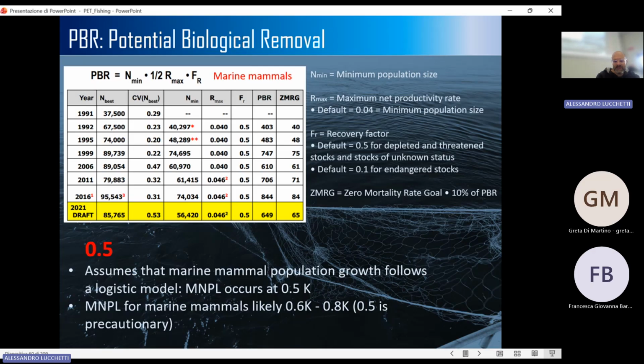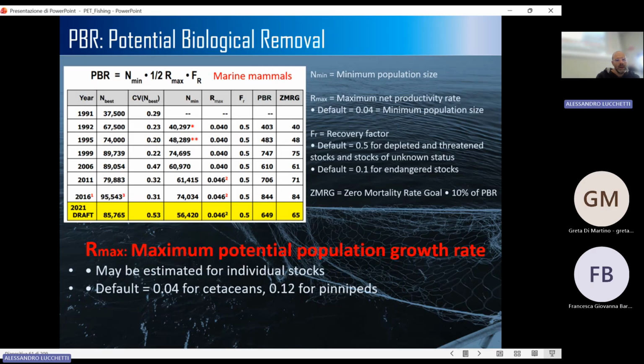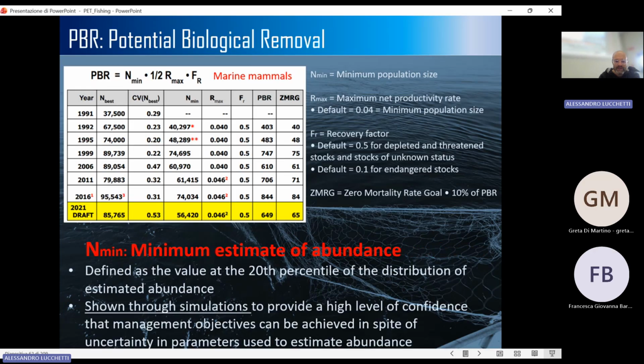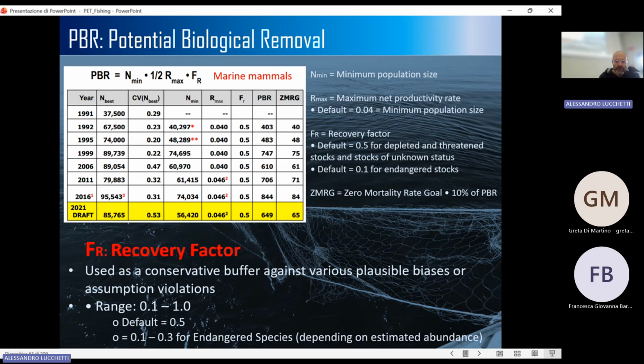The PBR is simply how much of this population you can remove without affecting the state of this population. As a precautionary approach, they actually use 10% of this population as a reasonable threshold for the bycatch, I mean.